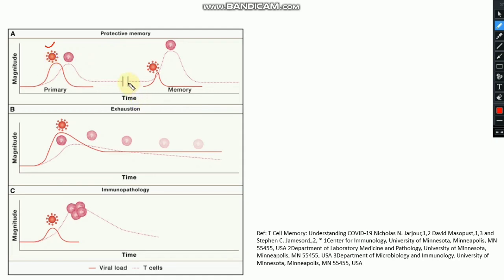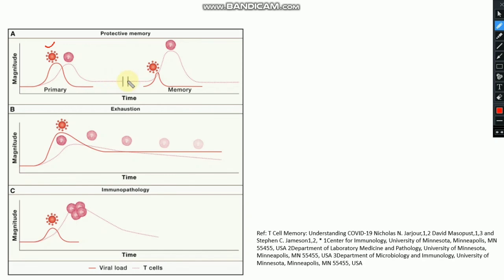Over time, when there is no virus, the T cell population decreases, but it retains some memory T cells.